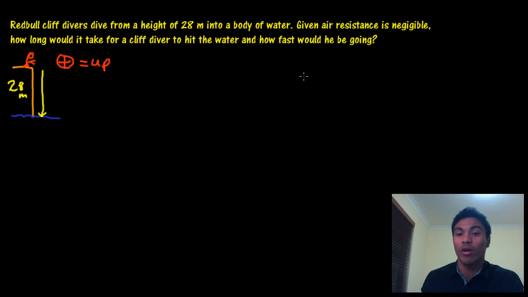They'll actually get to a point where they reach terminal velocity, and they won't go any faster than that. But we've got to assume that air resistance is negligible. How long would it take for the cliff diver to hit the water, and how fast would he be going?